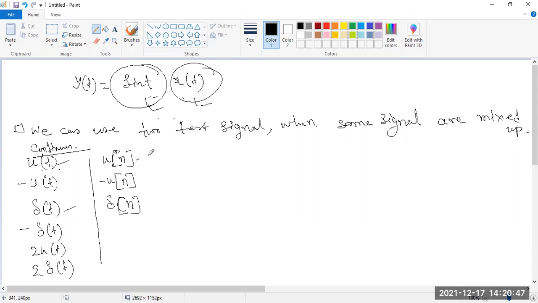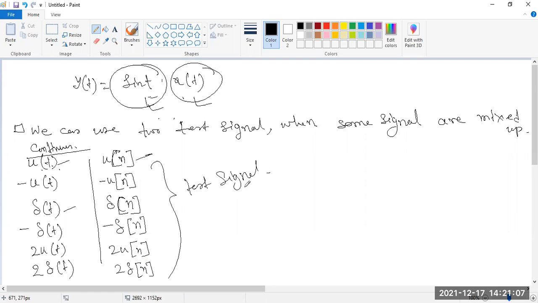So it will become the discrete type, 2 delta n. So this is the discrete, and these are called the test signals.